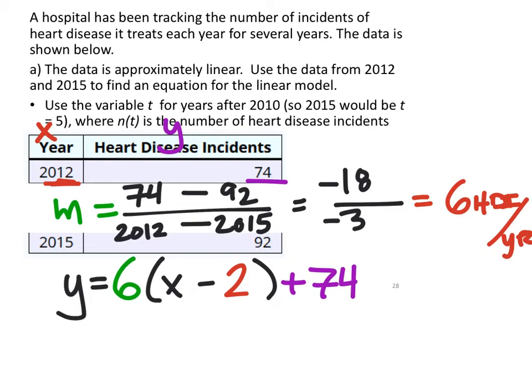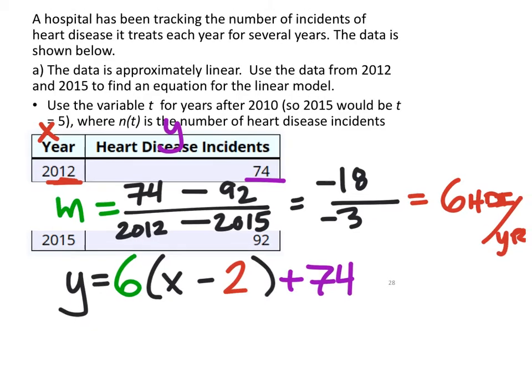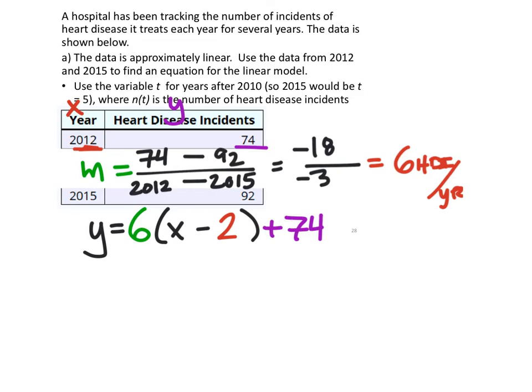There's a lot of letters and numbers going on, MX, B's, Y's, and now we're going to change it into function notation. But if we focus on this being in its regular point-slope form or slope-intercept form, changing it back into function notation hopefully isn't too bad. So now we need to distribute the 6 into the parentheses.